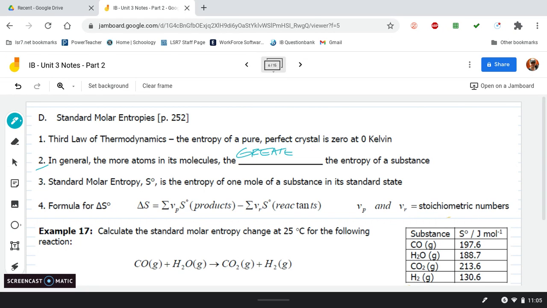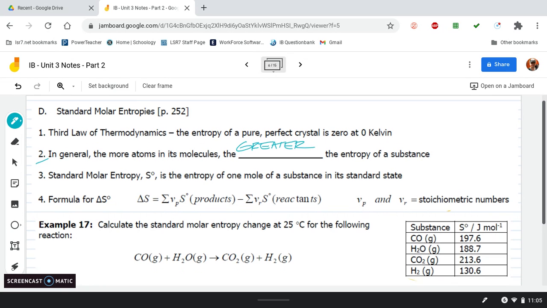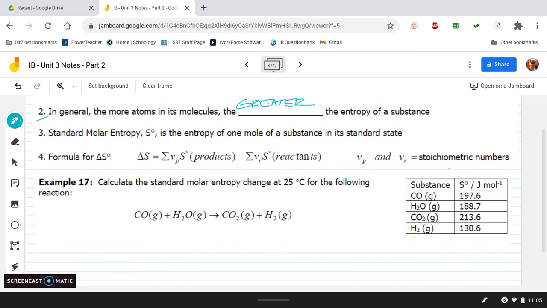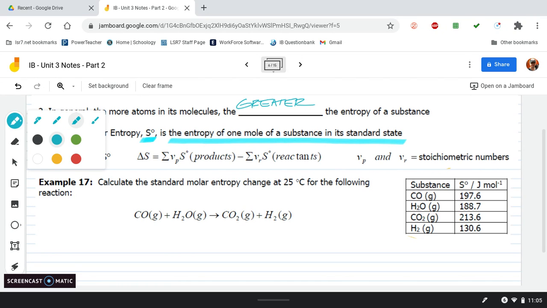So we'll just put the word greater in here. Now remember, most likely on an assessment, you're not going to be doing definitions, you're going to be doing problems, and that's where the problems become more important. Again, we saw this with delta H, but the standard molar entropy, or S, is the entropy for 1 mole of a substance at its standard state.